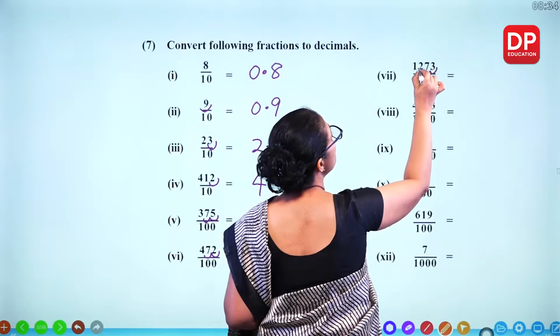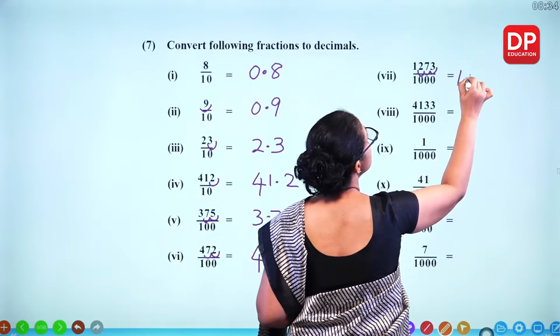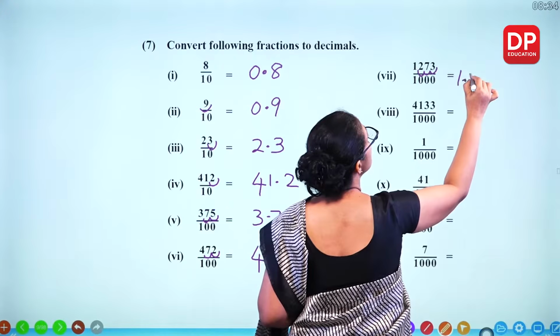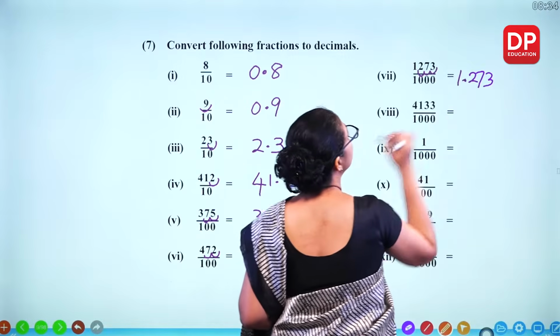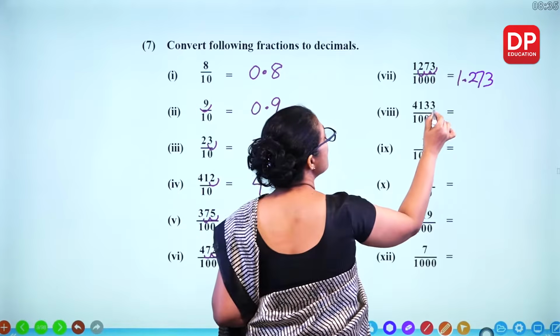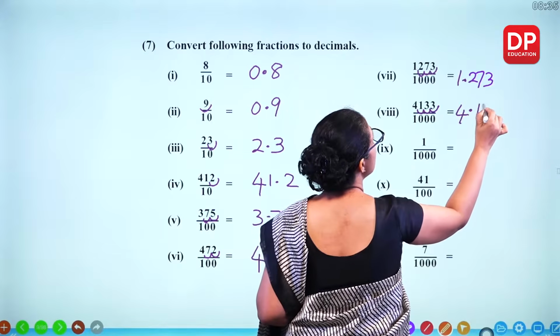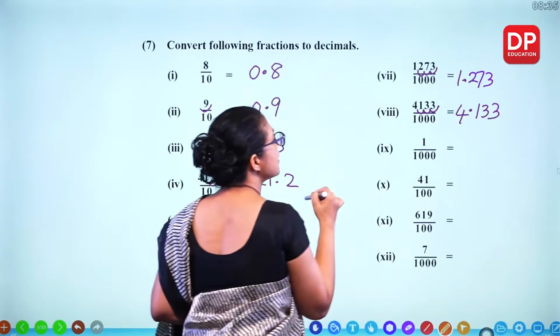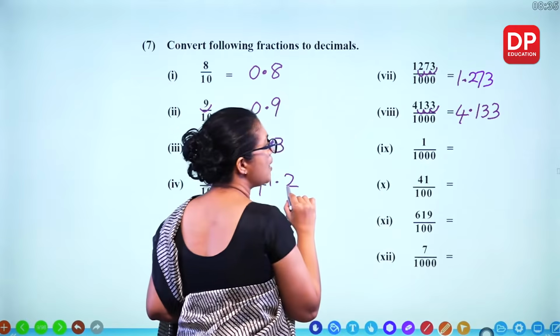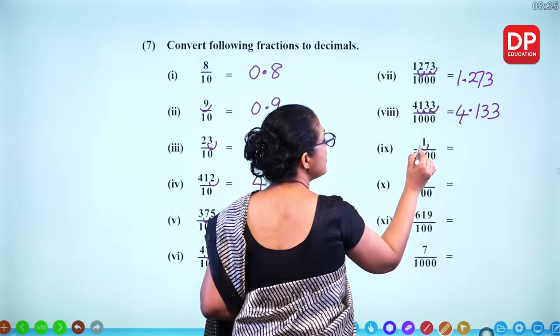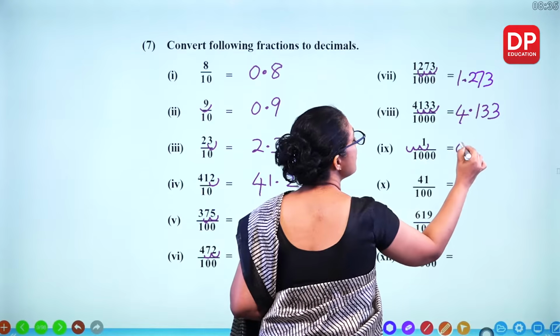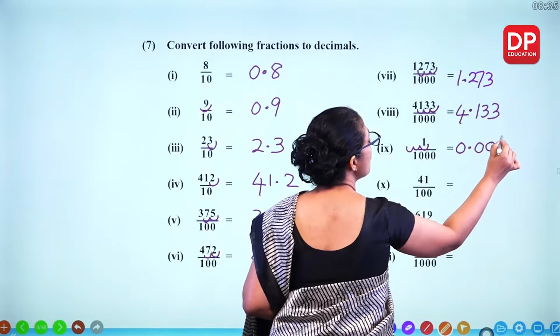1, 2, 3. 1.273. Divide by 1000. 1, 2, 3. 4.133. Here divide by 1000. 1, 2, 3. 0.001.